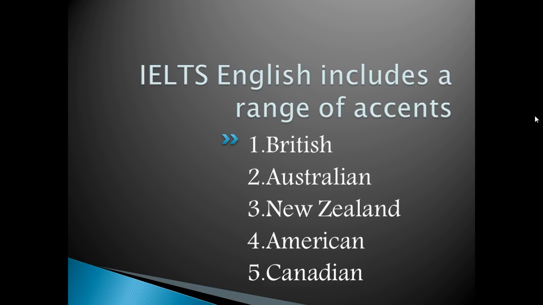But this series of today's live is just a part of how we can improvise, how can we be more confident in order to comprehend the different accents that are being spoken in the audios of our listening module.